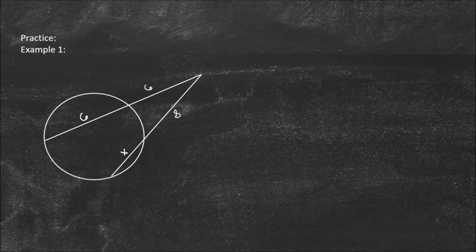I see that this first one, I'll call it line 1, is a secant, because it's going through the circle at this point, but then it's continuing. And my second line, line 2, is doing the same thing. It's going through the circle here and here, and then continuing in that direction. So it's a secant problem.